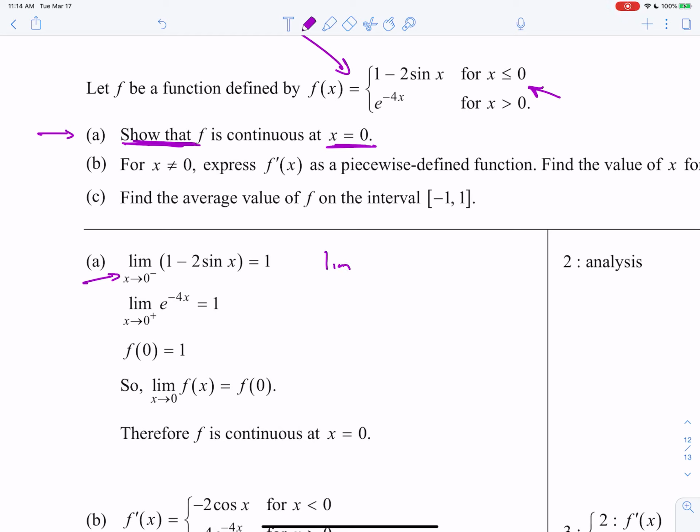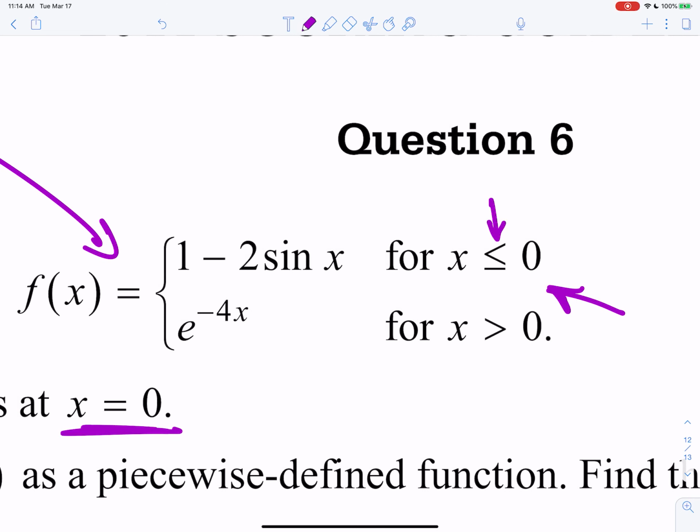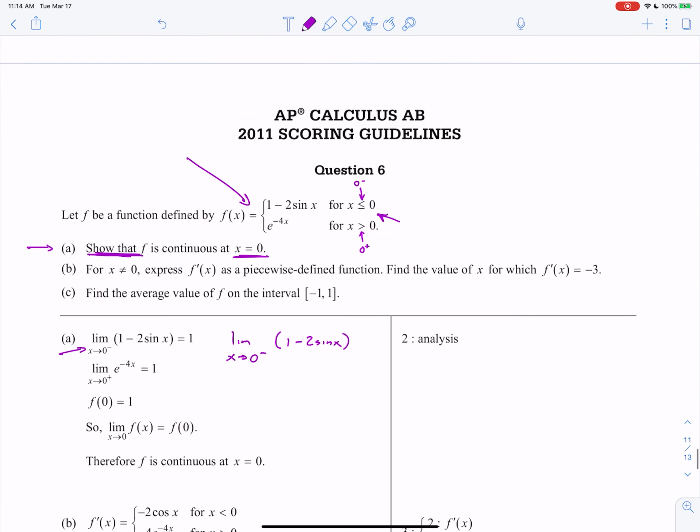When you approach 0 from the left, you're focusing on the upper function here because 1 minus 2 sine x is only for when x is less than 0, which is where we're approaching 0 from the left. If we're approaching 0 from the right, we're looking at all values greater than 0, which is the second function here.